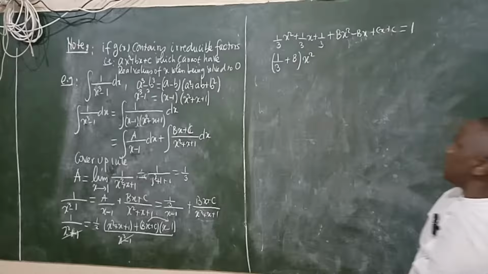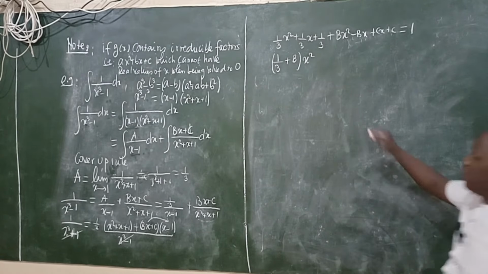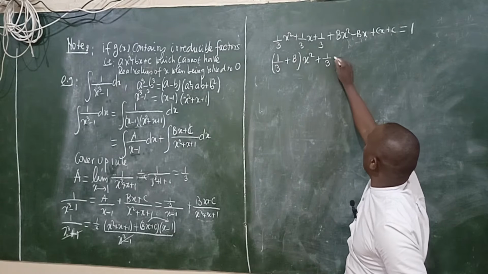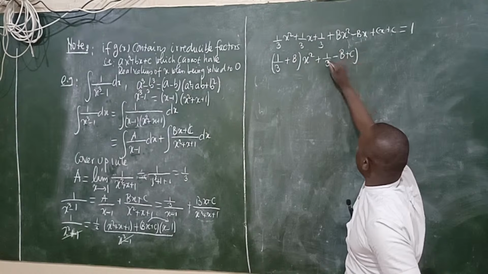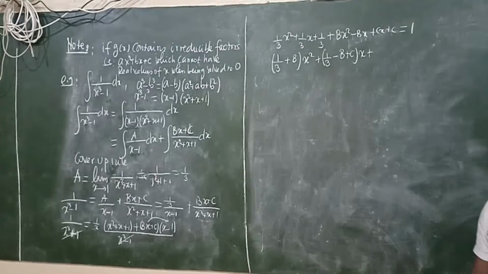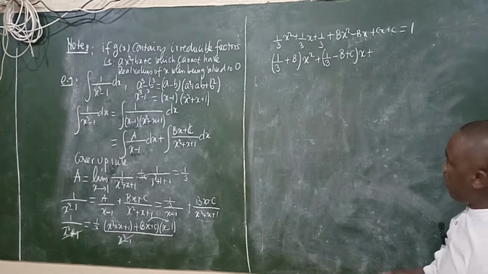So I'm going to rearrange. Starts with x power 2. Here is 1 over 3 plus b times x square. Starts with x, I add this as x, 1 over 3 minus b plus c times x plus stuffs independent of x.